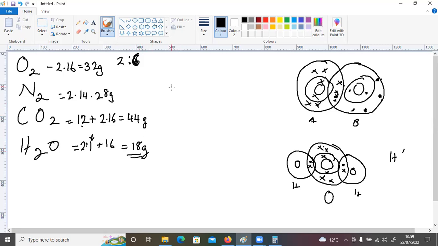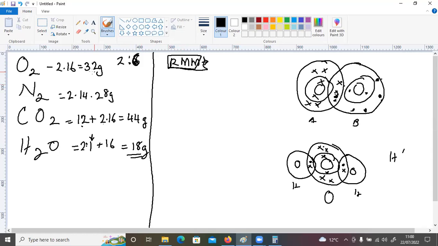And now we have what we call the relative molecular mass. The relative molecular mass here, we are talking of the mass of one molecule of a compound, in this case a molecule of a gas.